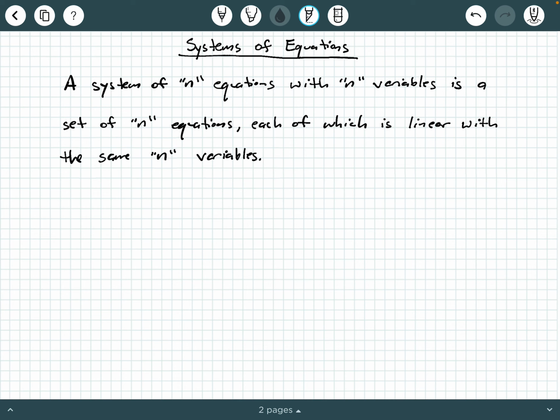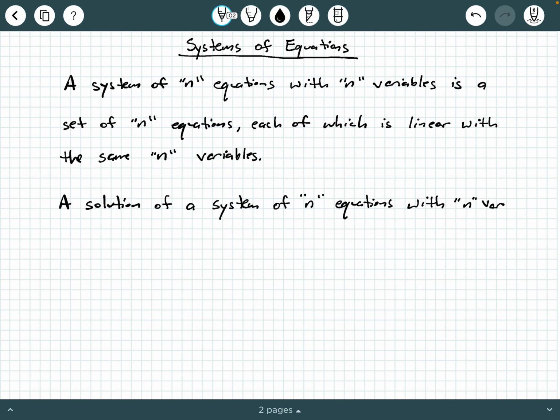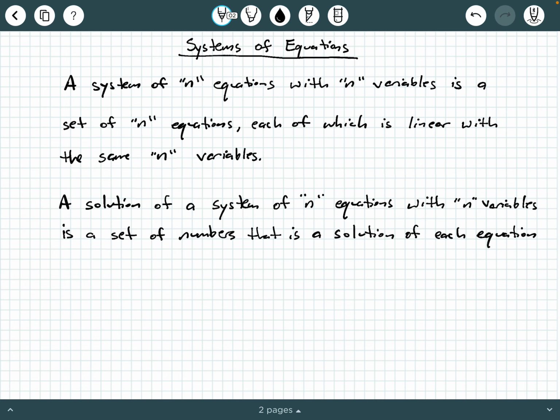Okay, so a solution of a system of n equations with n variables is a set of numbers that is a solution of each equation in the system.